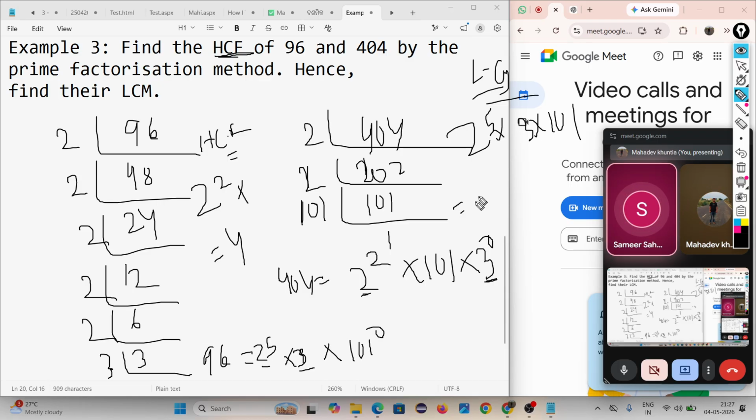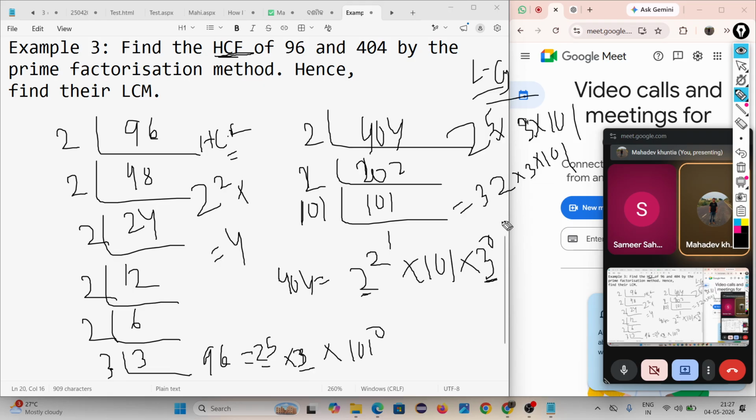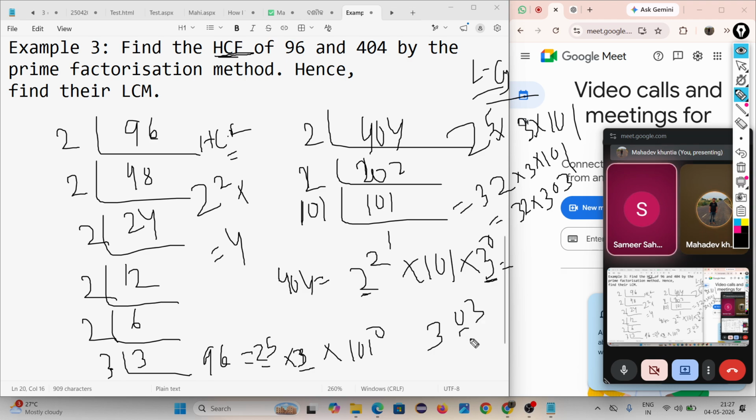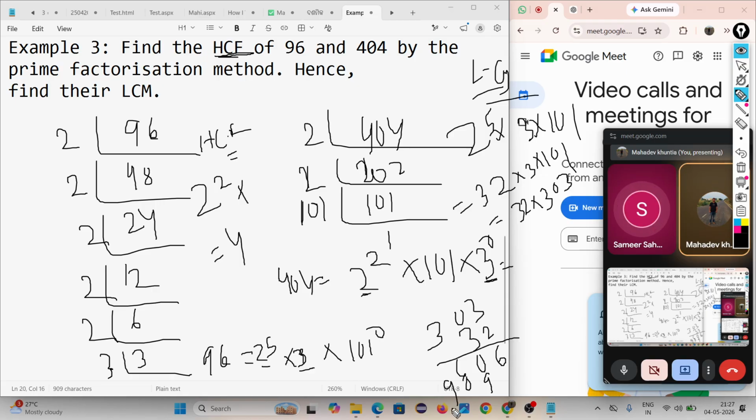So it will be 32 into 3 into 101, that is 32 into 303, which is 9696. Look, your answer: HCF is 4, LCM is 9696.